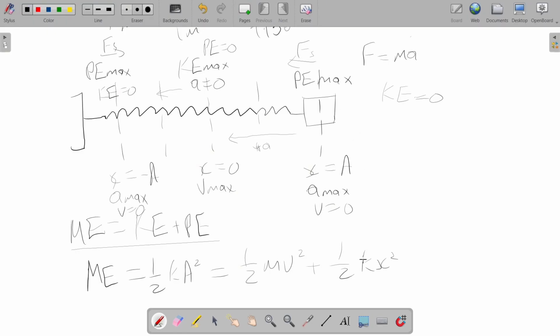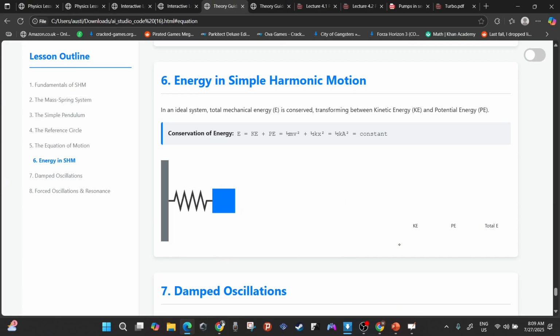At this point, this x would be 0, hence why this is maximum. And at this point, v would be 0, so you basically get your mechanical energy being equal to the potential energy. Simple as that, right? But yeah, moving on. I think that's almost the last of it, but that was basically just to explain this. And obviously, there's a conservation of energy. It remains constant. I forgot to state that, but yes.